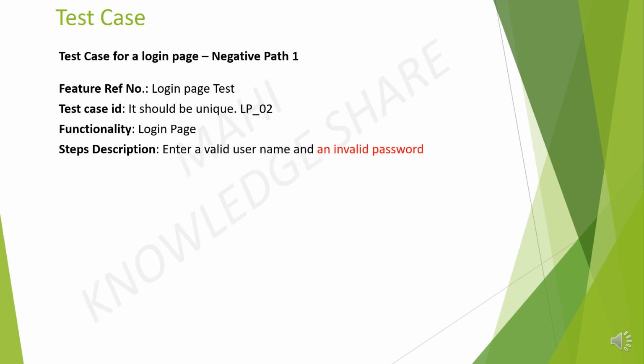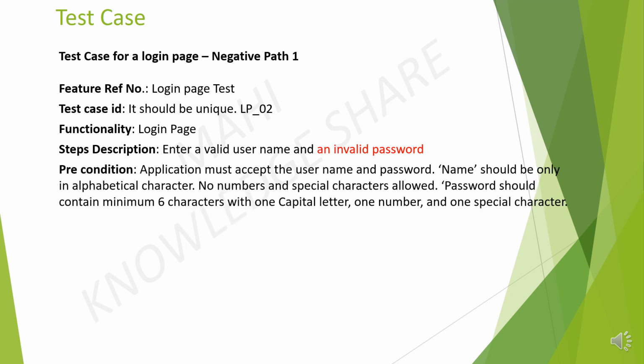Steps description, enter a valid username and an invalid password. Precondition, application must accept the username and password. Name should be only in alphabetical character. No numbers and special characters allowed. Password should contain minimum 6 characters with 1 capital letter, 1 number and 1 special character.